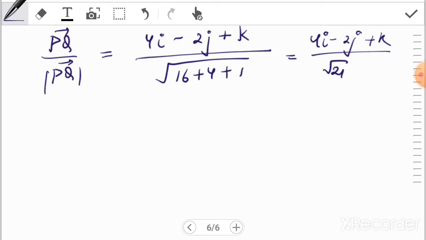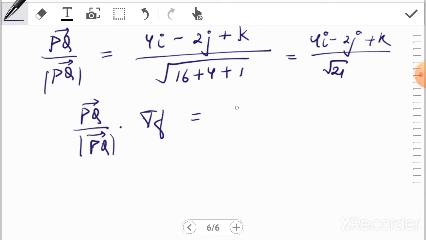Now find the dot product of this result with the gradient of f.